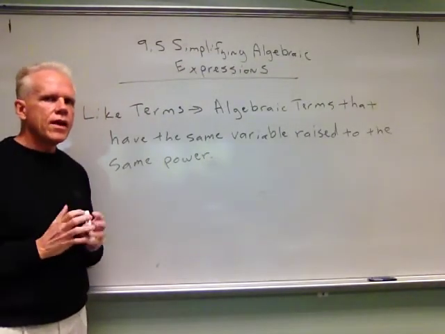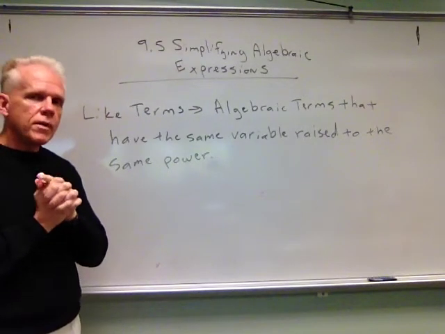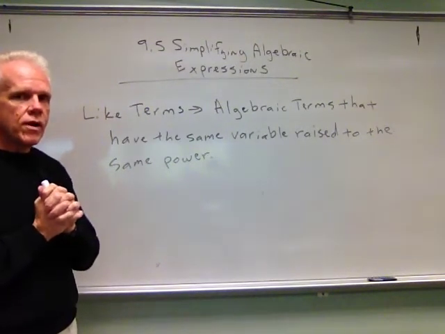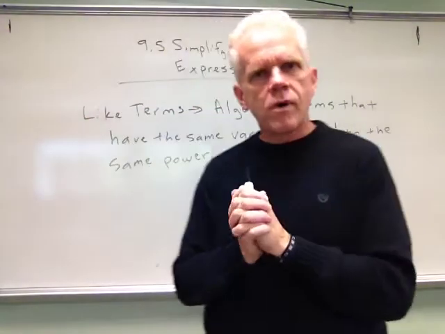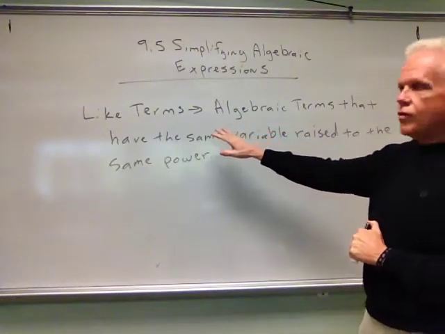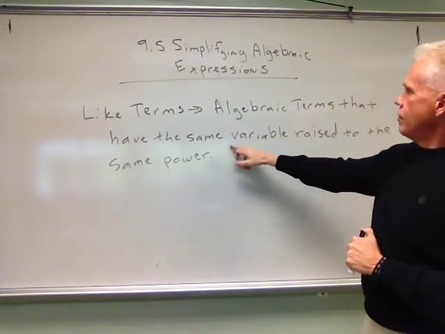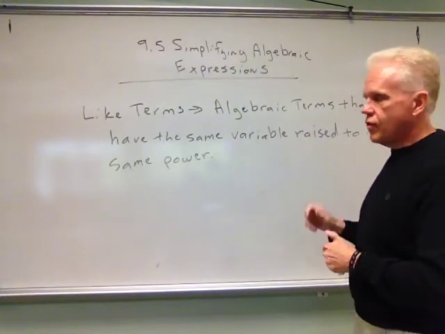Notice that I didn't say they have the same coefficient. They don't necessarily have the same coefficient. So let me give you some examples of like terms, and that'll help you get hold of what I'm going after here. Again, catch this in your notes. Algebraic terms, terms that have the same variable raised to the same power.